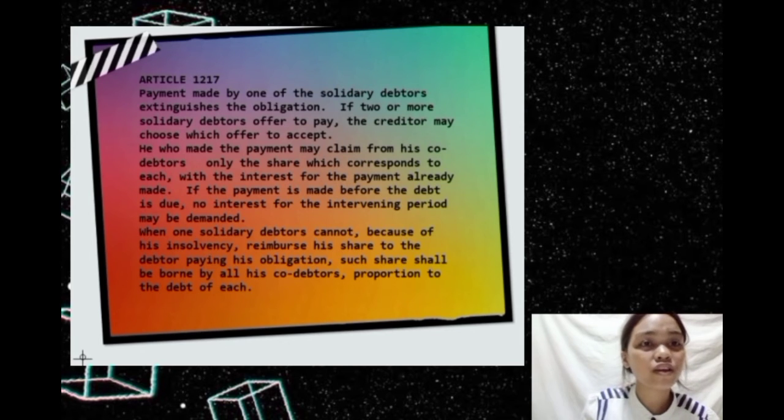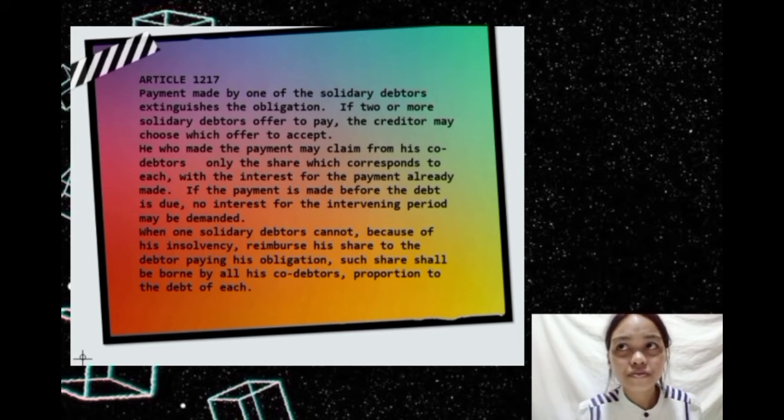So the first paragraph means that the creditor has the right to choose which offer to accept. Then, the second paragraph, which is among the solidary debtors.